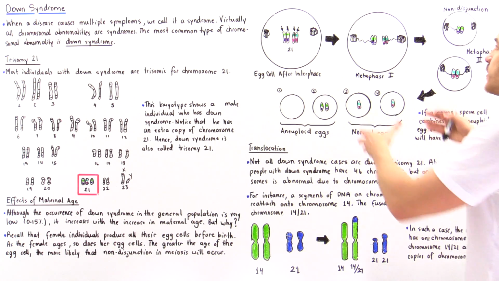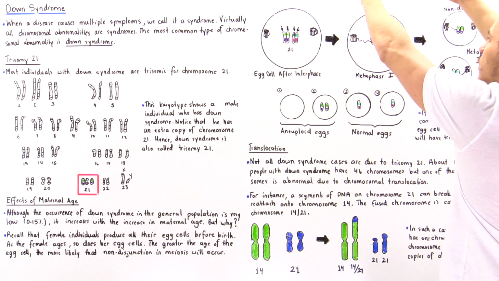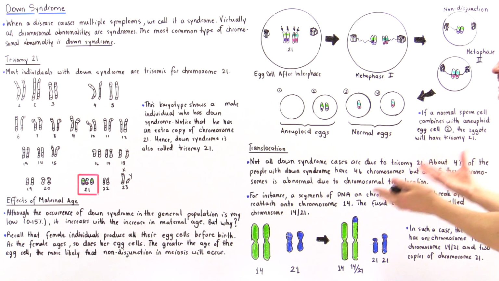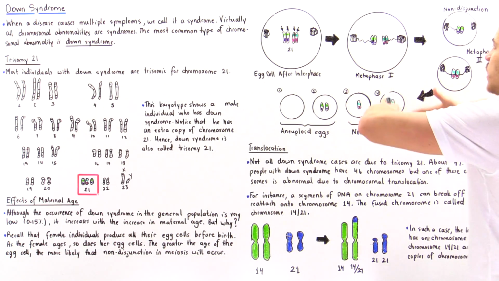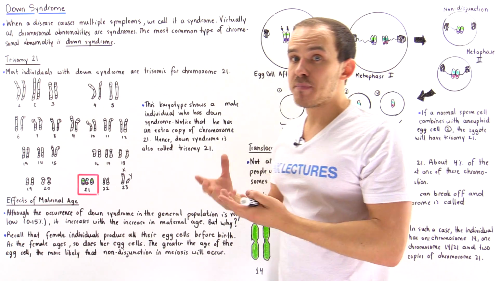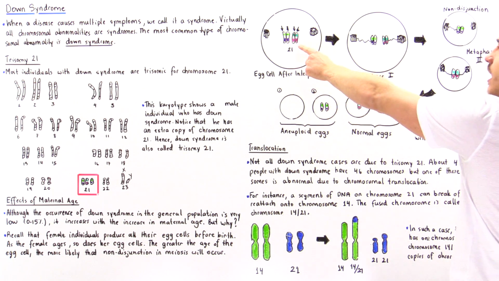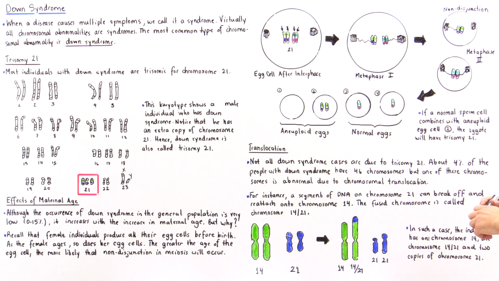We're going to have the tetrads align along the equatorial plate. Technically, we have all these different chromosomes that also align, but once again, to save space and time, I've only included chromosome pair 21.